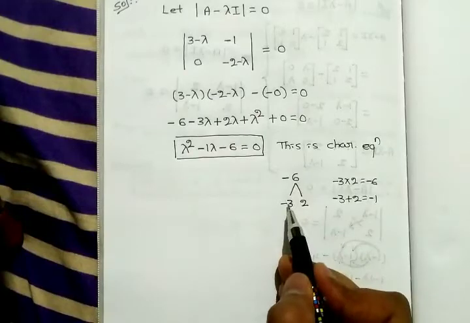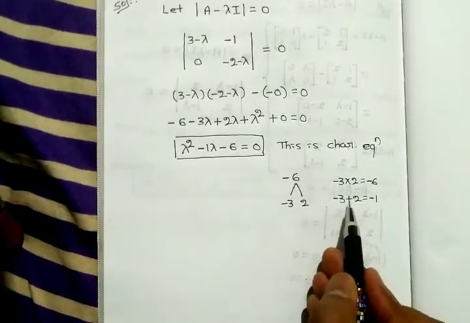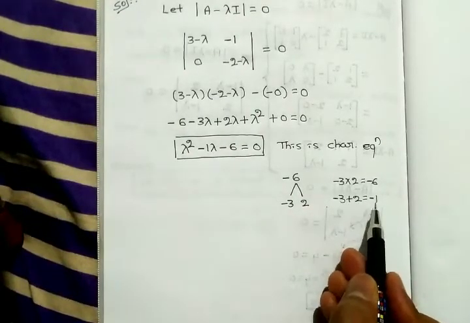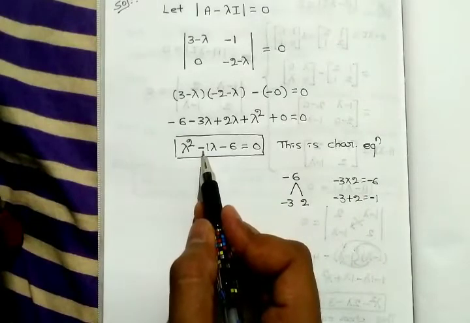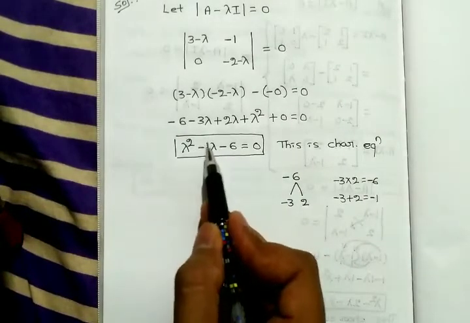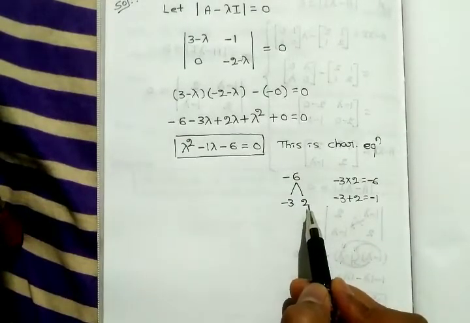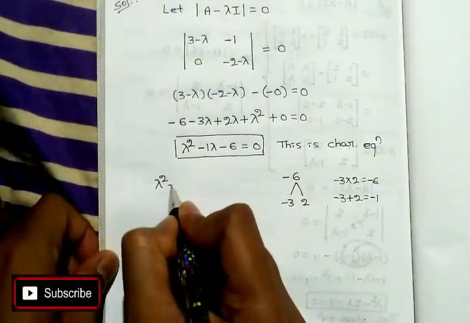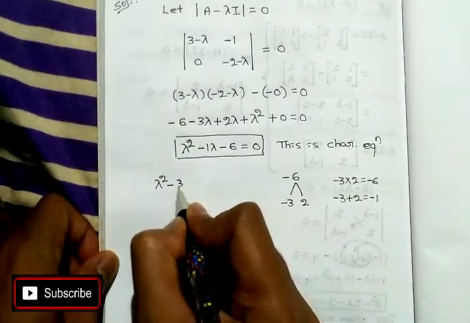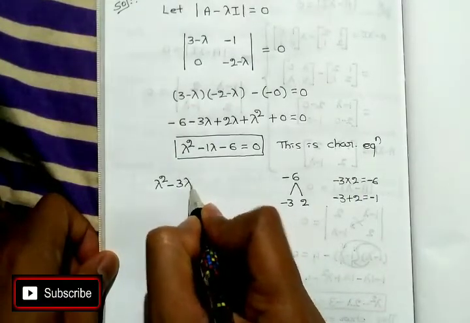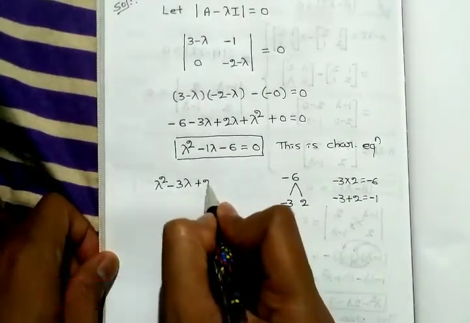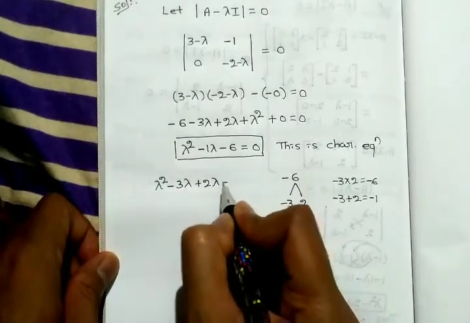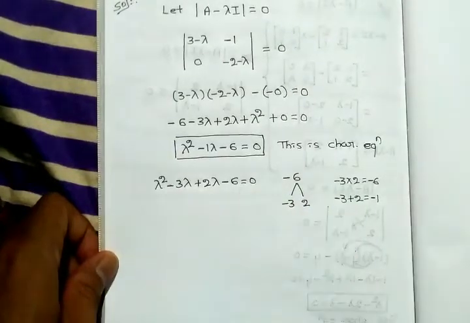After multiplication you get minus 6, after addition you get the middle number, minus 1. Next, replace this middle number by minus 3 and plus 2. Therefore lambda square minus 3 lambda plus 2 lambda minus 6 equals 0.